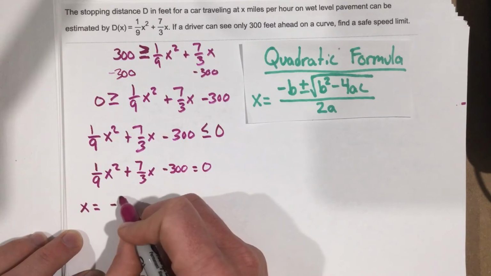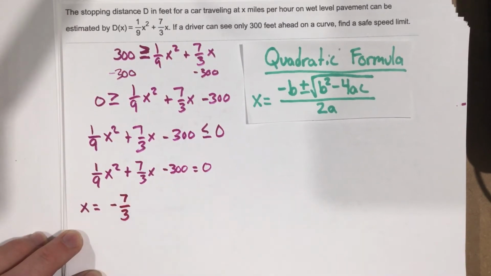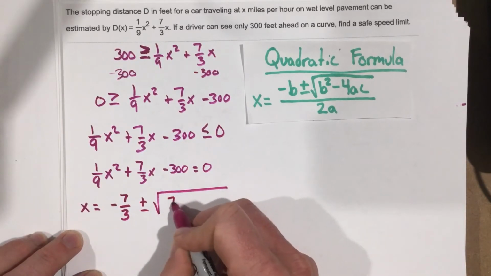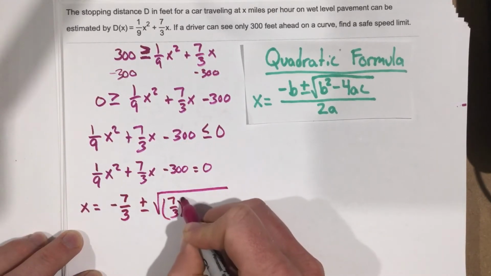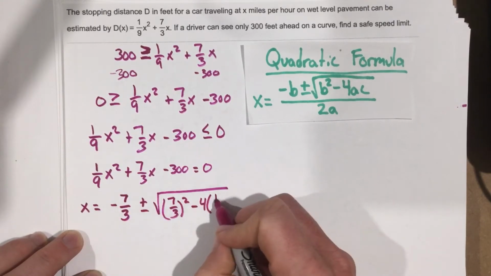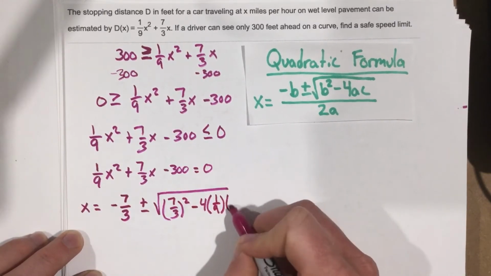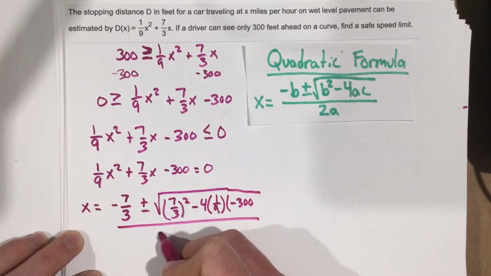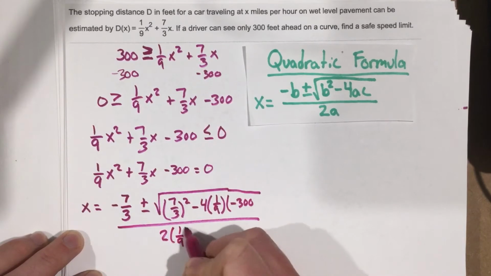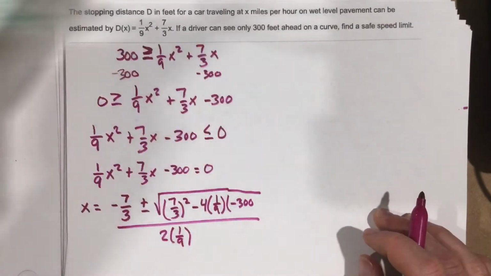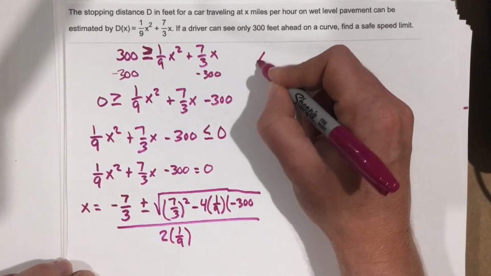So we end up with negative 7 over 3 plus and minus the root of 7 over 3 squared minus 4 times a, which is 1/9, times c, which is negative 300, all over 2 times a 9th. Now the reason I left the fractions there is I'm going to use my calculator to do most of the work anyways. Let's use the calculator to do all the grunt work.